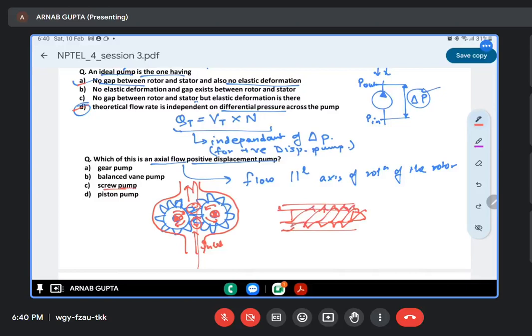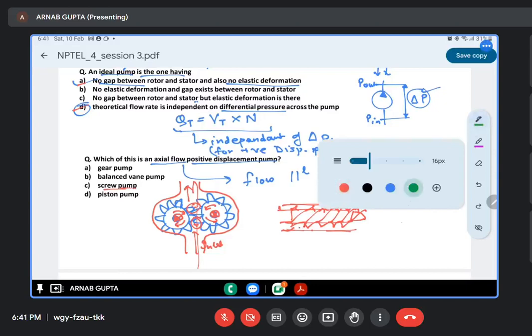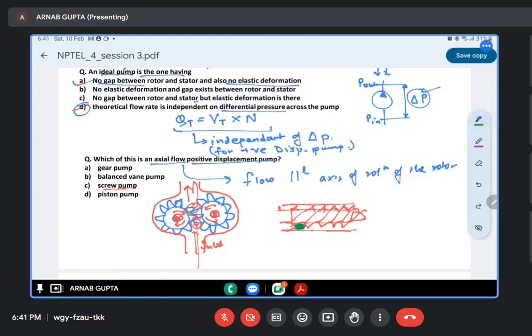So what happens? As it is rotating, this particular volume of liquid is pushed forward.